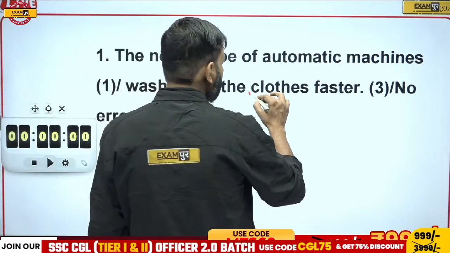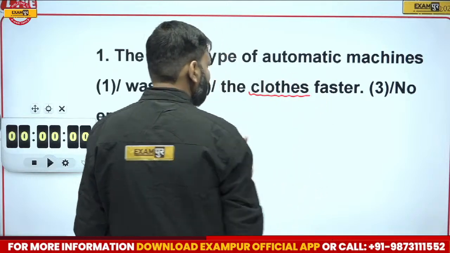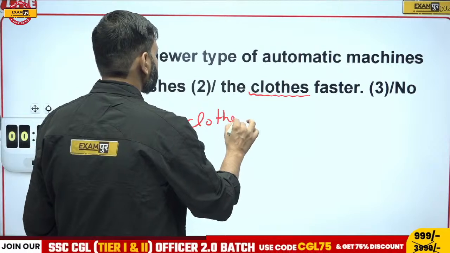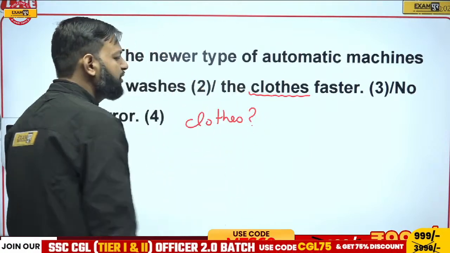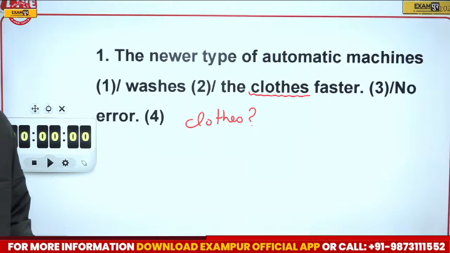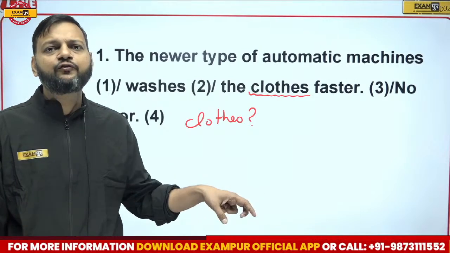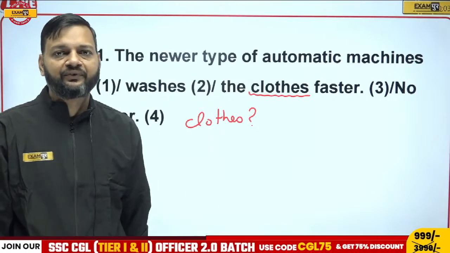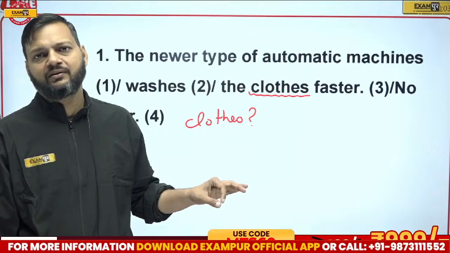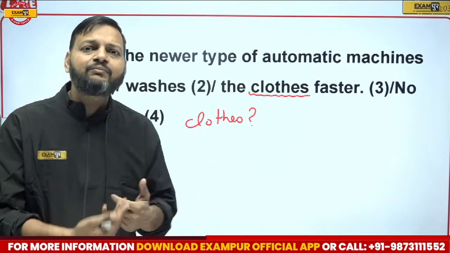Here, is the word clothes right? This can be a confusing word, and that's why I'm explaining it. It is not an error in this sentence. It is absolutely right, but it can be a confusing word.